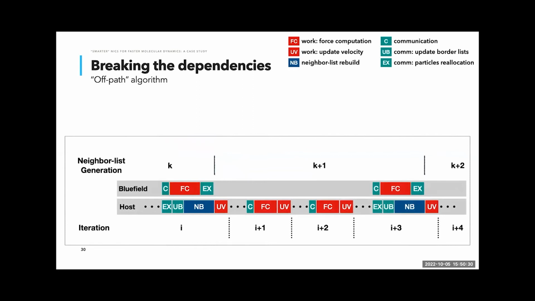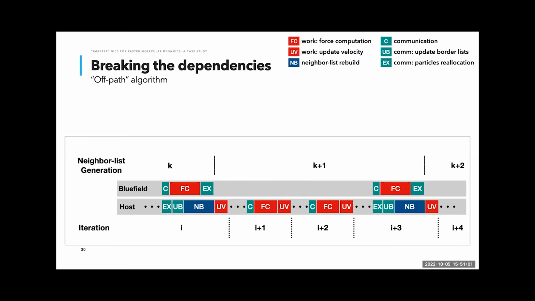The exchange routine, shown here with green EX boxes, changes the order of particles in the data structures that are used to store particle data. To merge the output of the force computation and neighbor build routines that run in parallel, we need to do the same reordering on the output of the force computation.